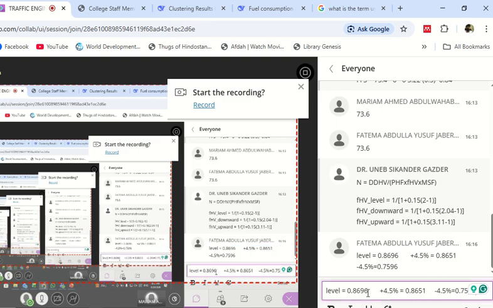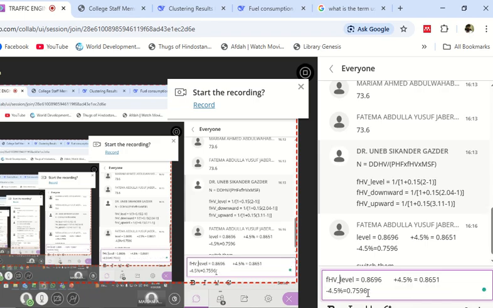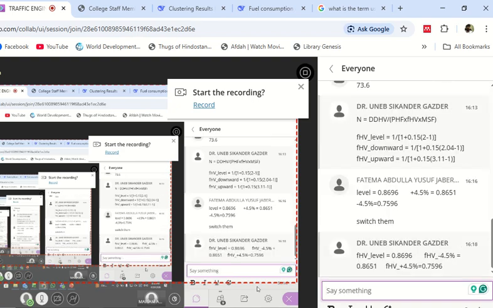Let me write it here. Yes, I will switch them. Thank you for telling me. I hope you don't say anything like this to me for the exam: this answer was wrong, just switch it with somebody else. Okay, so this is your FHV. FHV problem is solved.